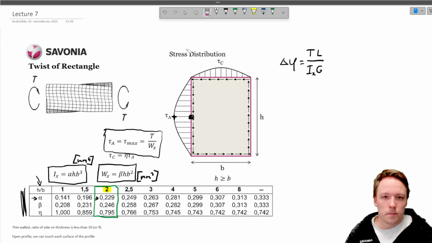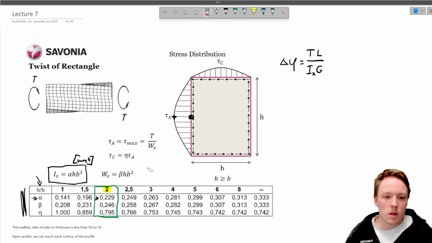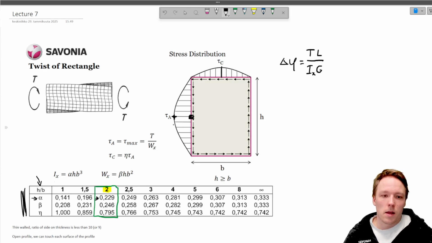In some cases, you would also be interested in calculating the shear stress on the shorter side, this side here. This value is smaller than tau A, and to calculate the shear stress on the shorter side, we use the equation with eta.